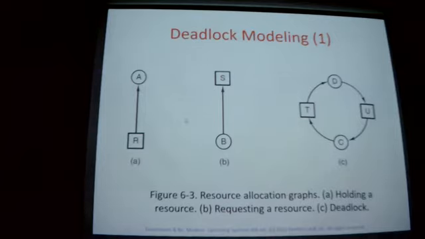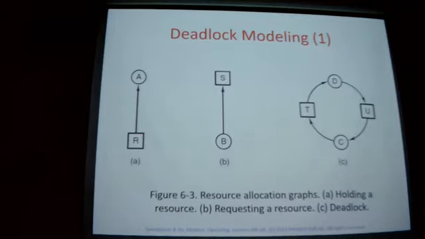The first one is from a resource to a process, the second one from a process to a resource. Different meaning. The first one means the process has the resource. The second one means the process doesn't have the resource, but it requires this resource.